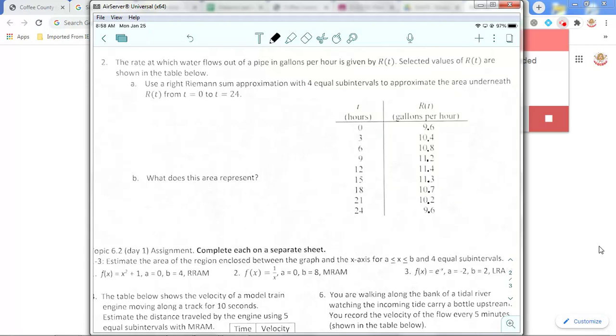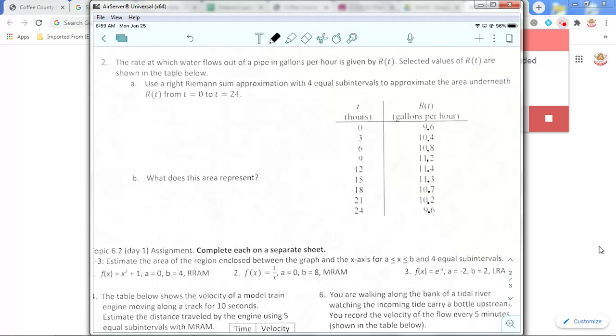The rate at which water flows out of a pipe in gallons per hour is given by R of T. Selected values of R of T are shown in the table. We're going to use a right Riemann sum approximation with 4 equal subintervals to approximate the area under R of T from 0 to 24.